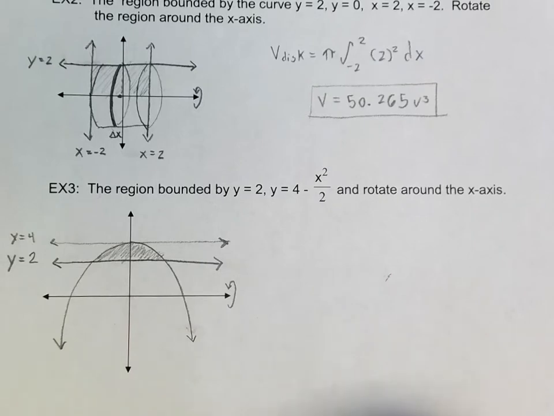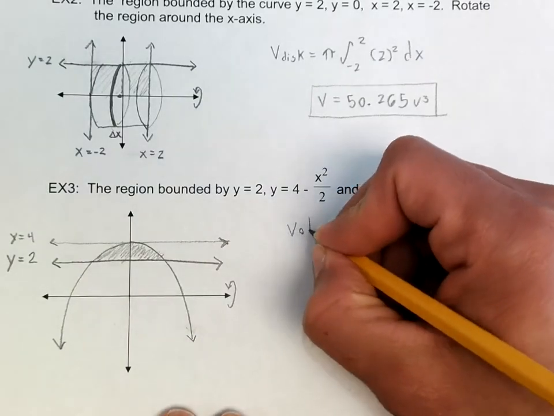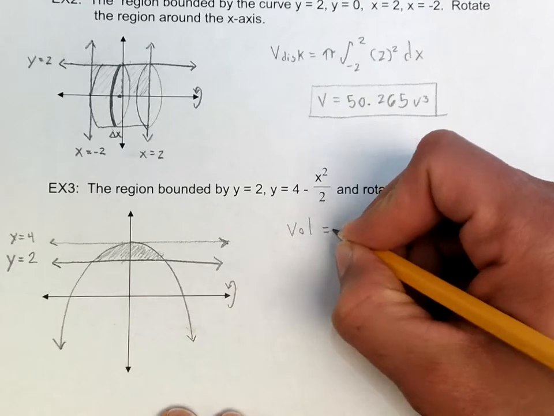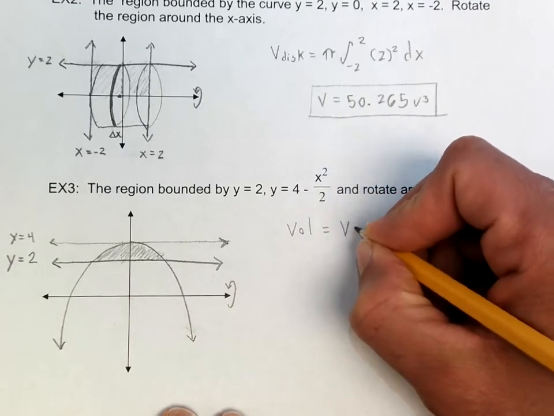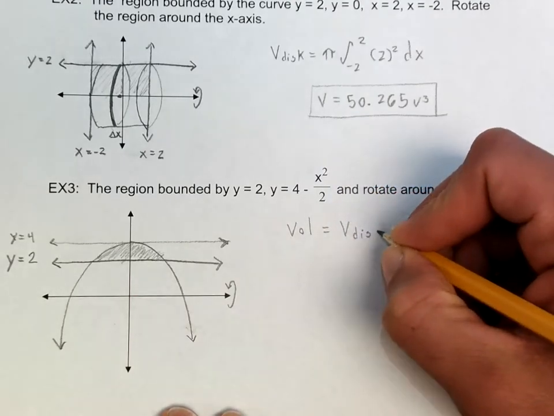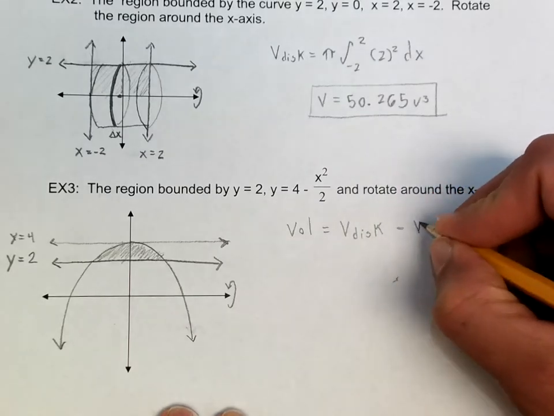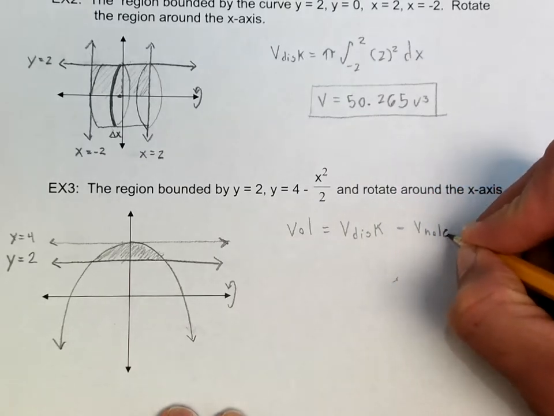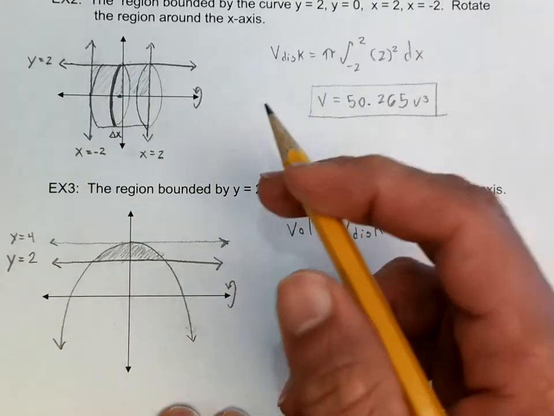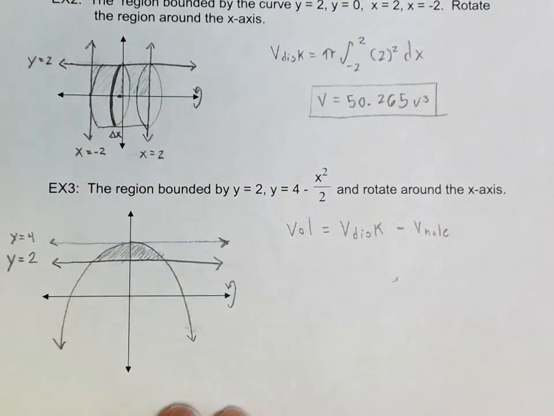So to figure out the volume, notice that this volume would be the volume of the disk minus the volume of the hole. And the hole in this case is going to be what we did on example 2.